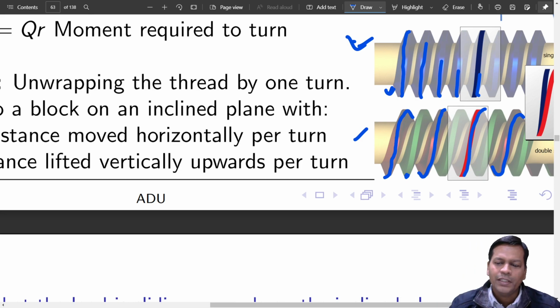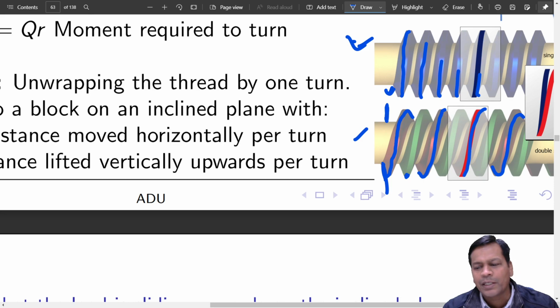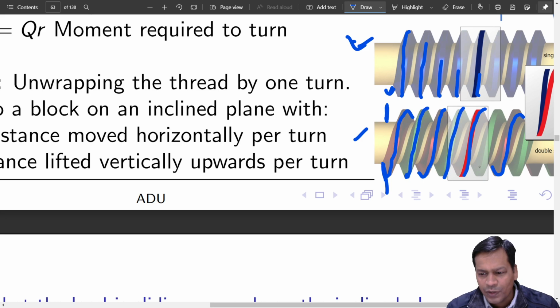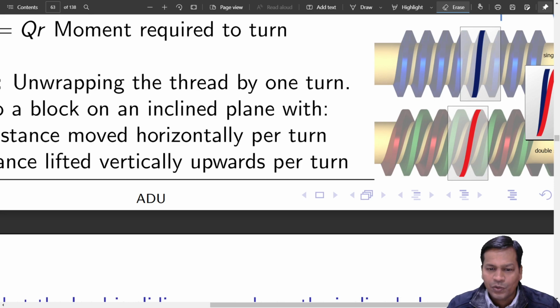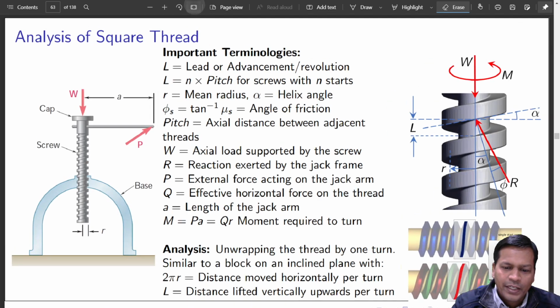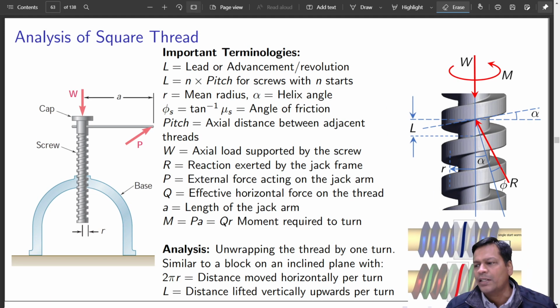They will be starting one over here, the other one 180 degrees apart. If you have three starts, they will be 120 degrees apart. Got it? If you follow one of them, you will start here, go here, go here, and so on. That is how it is made. This is known as a twin start thread. There can be multiple start threads also.